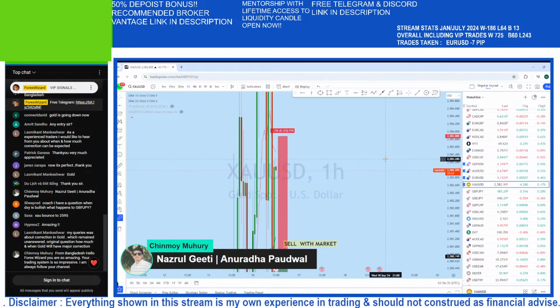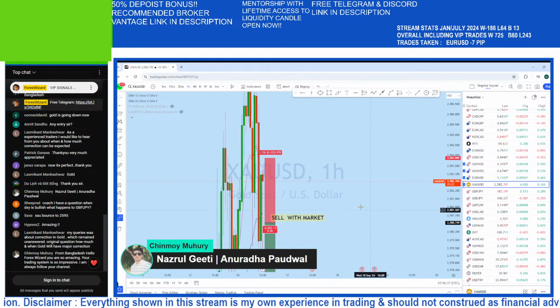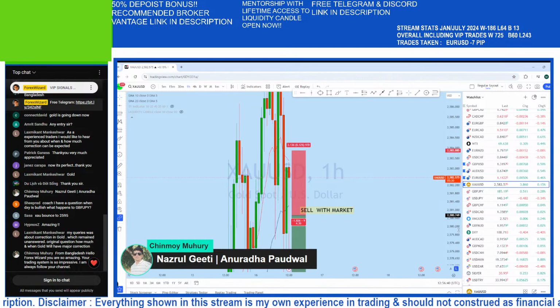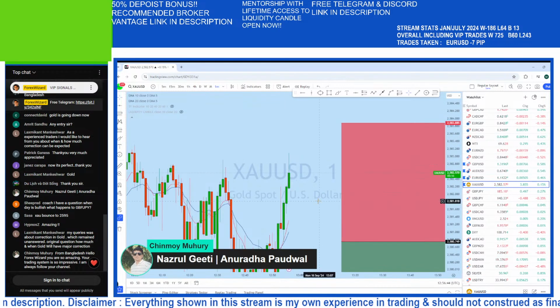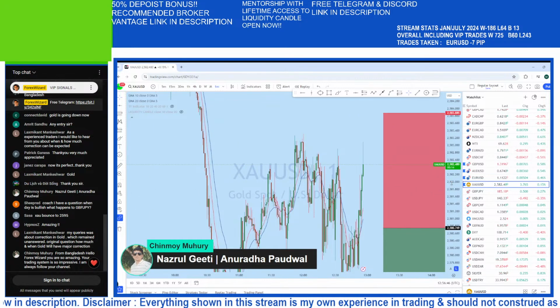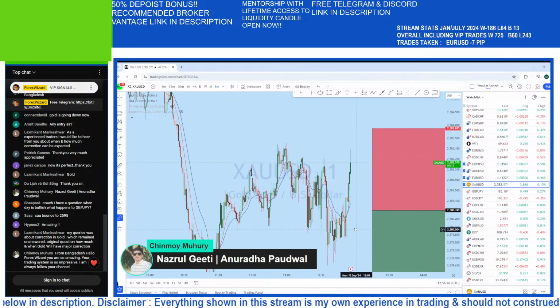Not a very good price action, but expecting it to reject again. So we might see, if it rejects to the entry, we might be out with break even. I think we might see a rejection again.